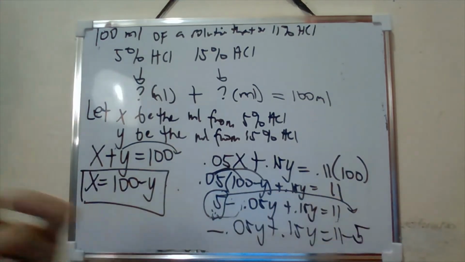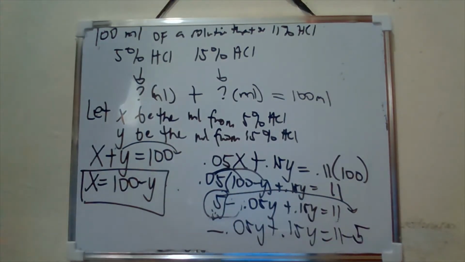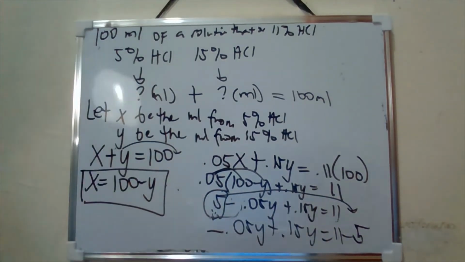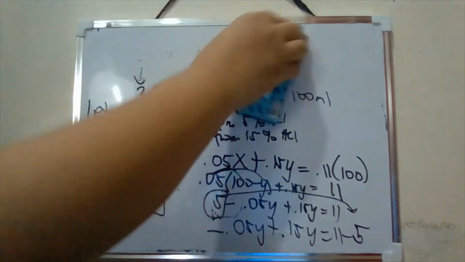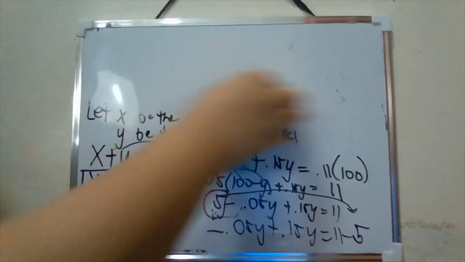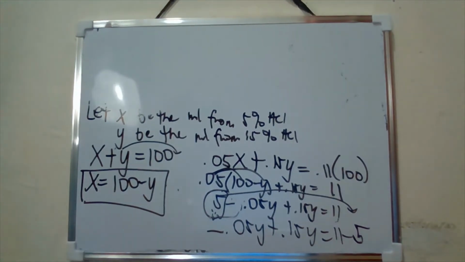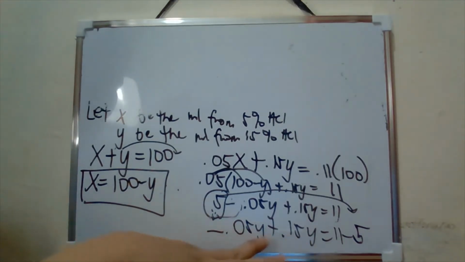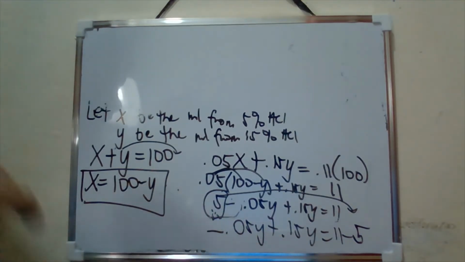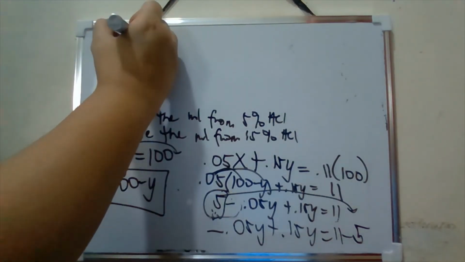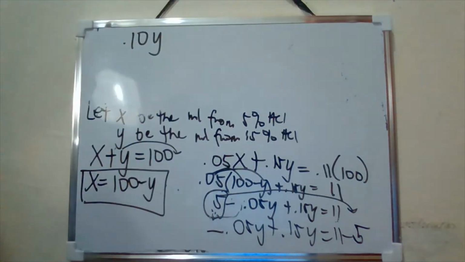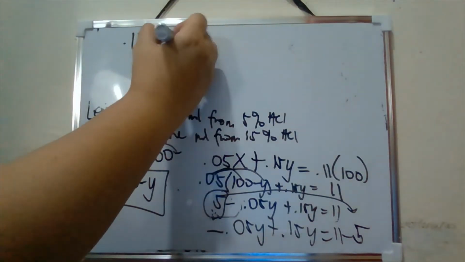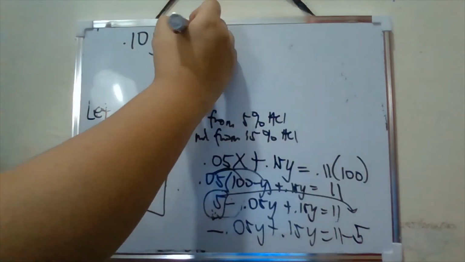So let me erase the first one and we continue. Negative 0.05Y plus 0.15Y, you subtract since they have different signs, so it becomes 0.10Y equals 11 minus 5, that's 6.